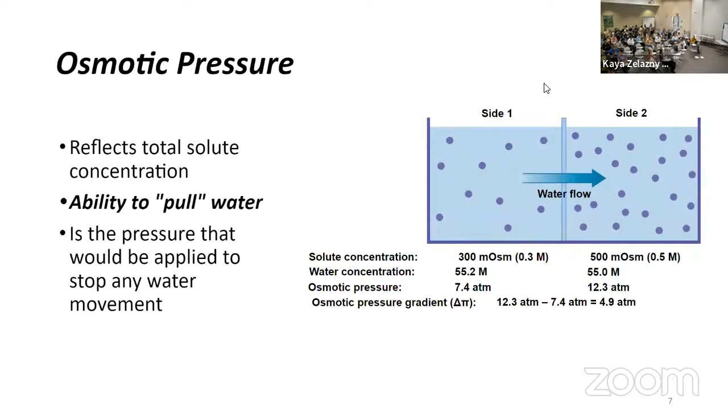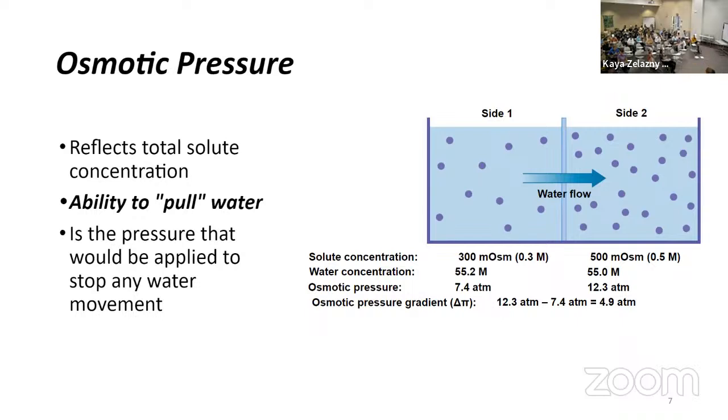All right. So we're thinking about solutes as pulling on water, right? Another way we'll see this expressed is through osmotic pressure. Formally, the osmotic pressure is how much you have to push the water against that pull from the solute.